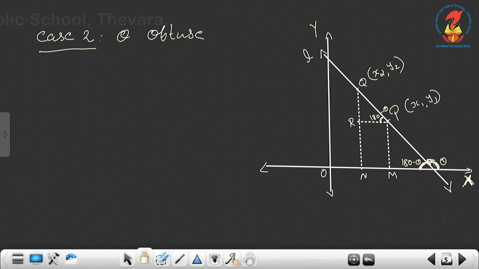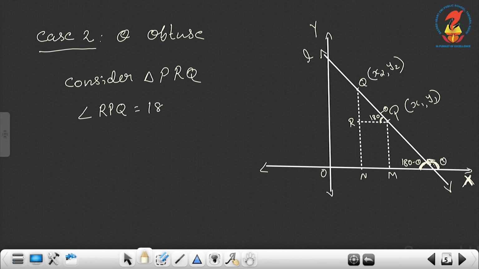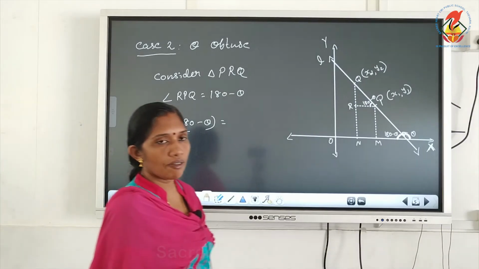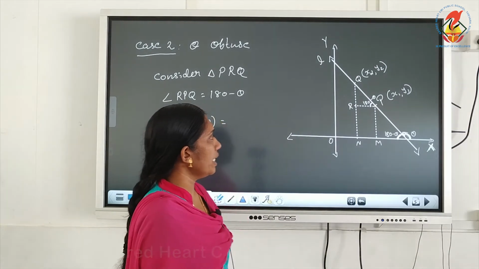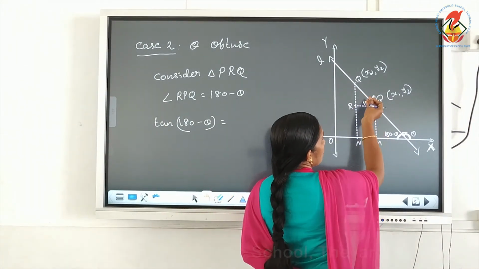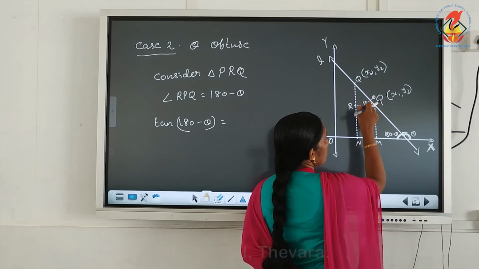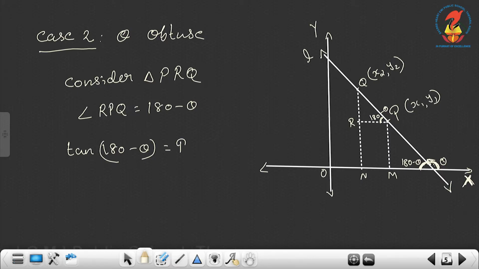Now consider triangle PRQ. Angle RPQ is equal to 180 minus theta. So we are taking tan of 180 minus theta. Tan theta is defined as the slope. So tan of 180 minus theta in this triangle means opposite by adjacent, that is RQ by PR.